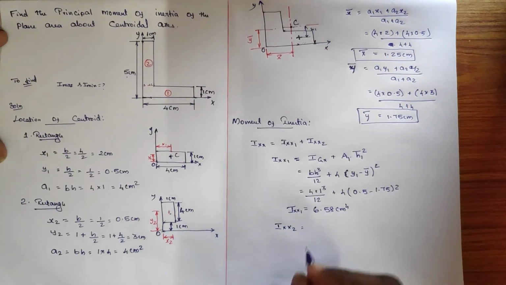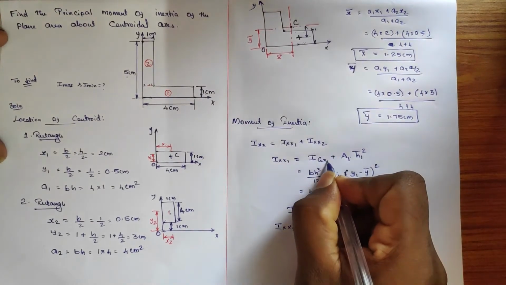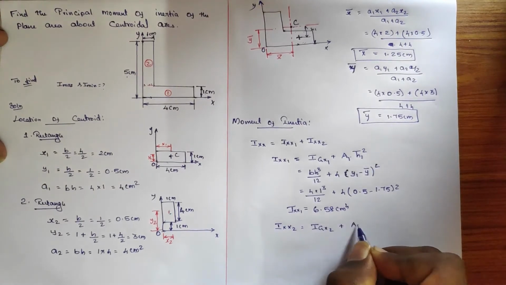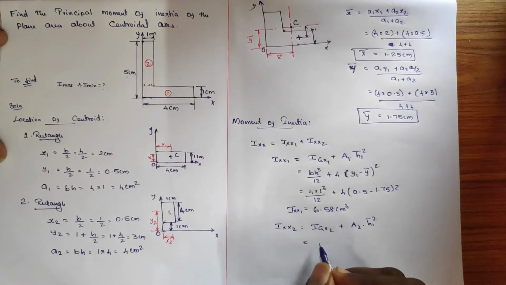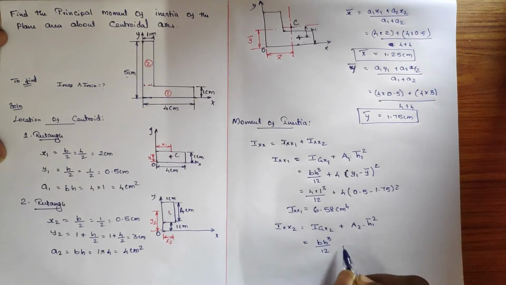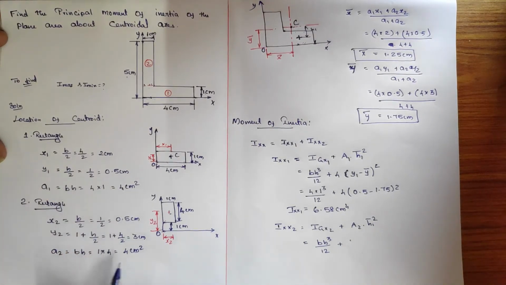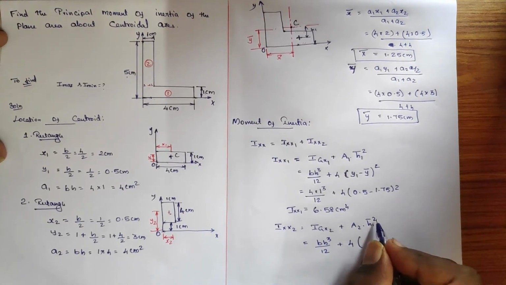And the moment of inertia of the second component in the x direction can be calculated: Igx2 plus A2 into h2 the whole square. So the formula, it's for x, so bh cube divided by 12 plus area 2, which is 4, so again multiply by h2 square.